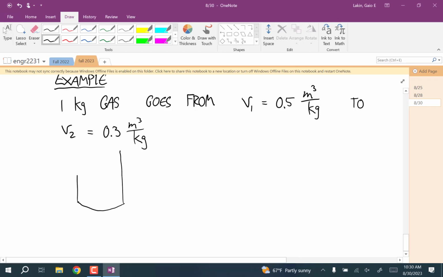The setup is going to be a freely moving piston with a mass of 5 kilograms. The gas is here. And the cross-sectional area, the circular area of that piston, is 0.02 meters squared.